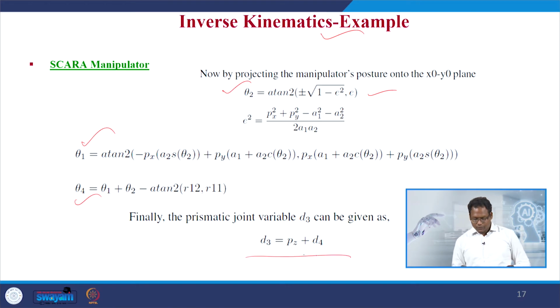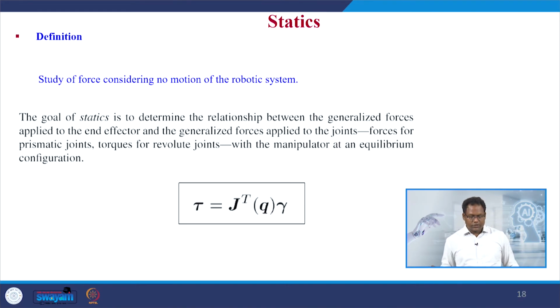Okay. Now, coming to statics, before we enter into dynamics, let us see what statics is. Statics means the study of forces considering no motion of the robotic system, where we consider only the forces. For example, a mobile manipulator in contact with a wall: there is no movement, whereas there is force interaction. There we will have statics involved.